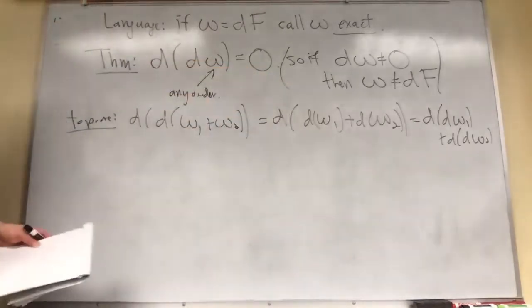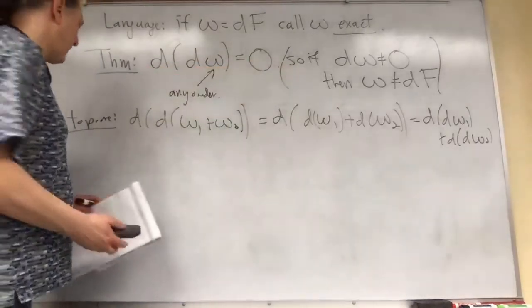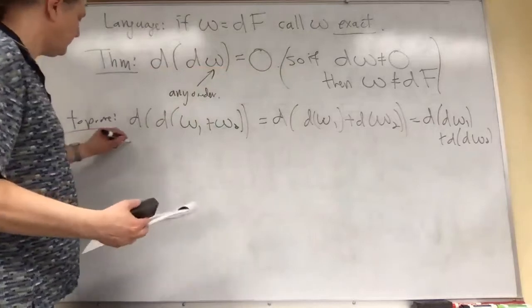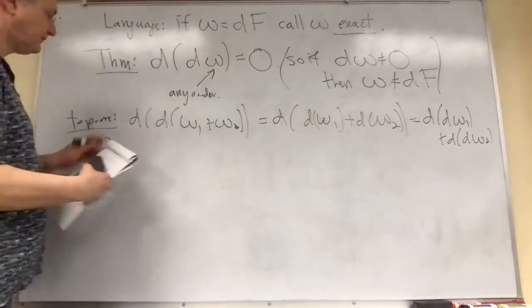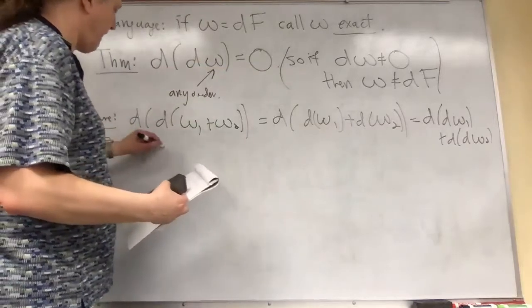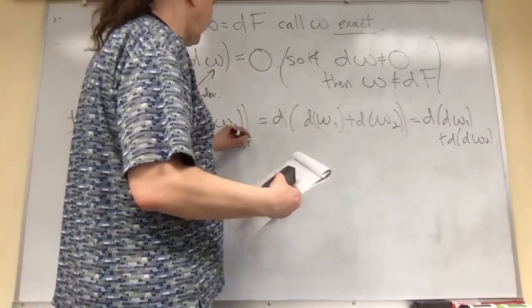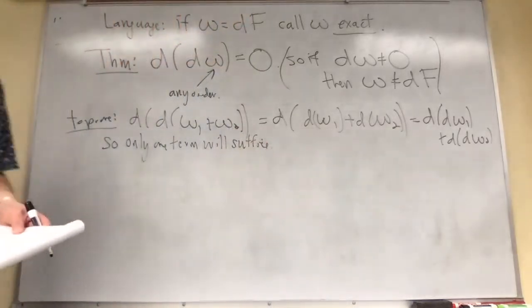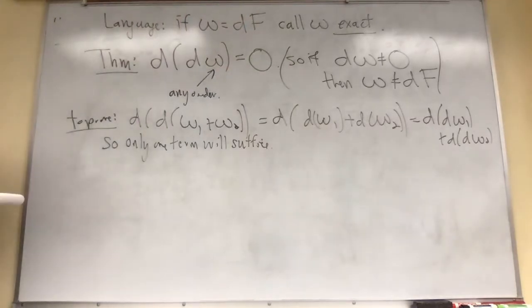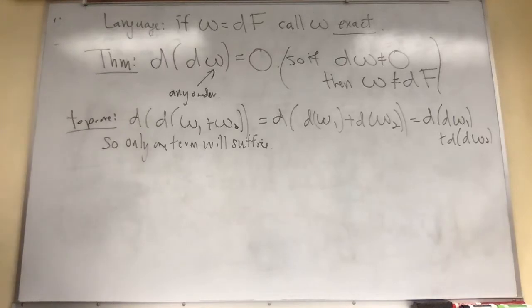So I don't need to check it for more than that. Only one term will suffice. I can check it just for one term, and I don't need to worry about the others. So let's try that out.